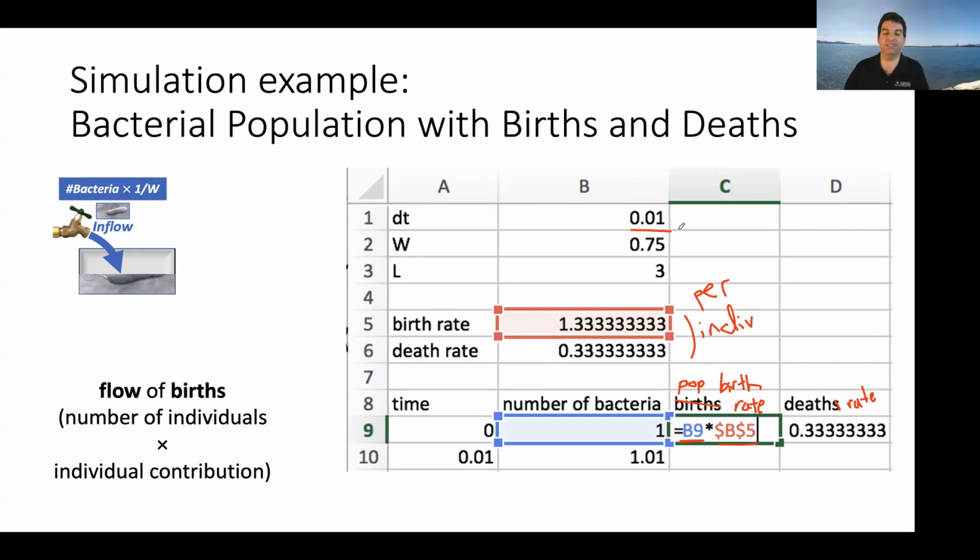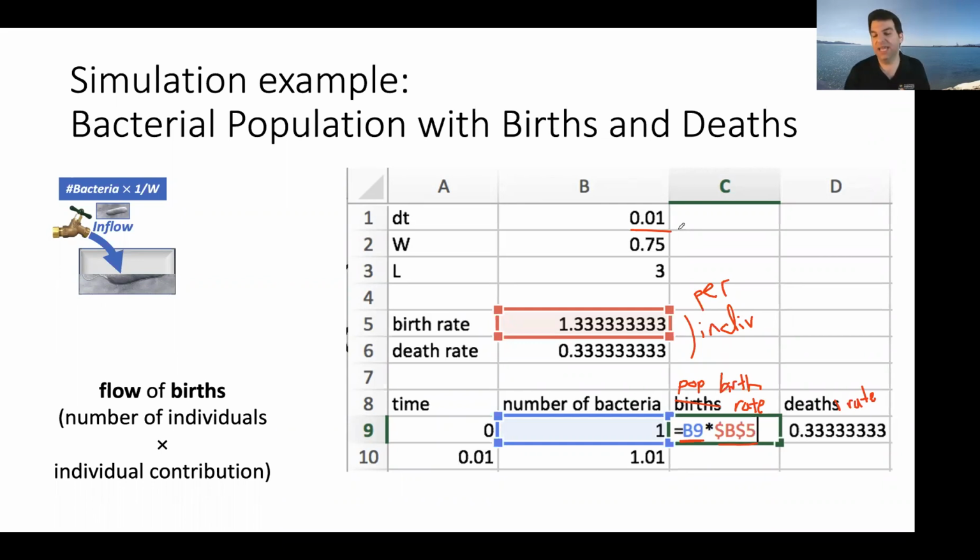So DT is smaller than W and DT is smaller than L at 0.1, but it's still not much smaller. Because it's on the order of a 1/10 of the actual time scale of the system, there's still a pretty good probability that you're going to get births and deaths within that 1/10 of the time scale of the real system. So it needs to be like 100th of the time scale of the system.